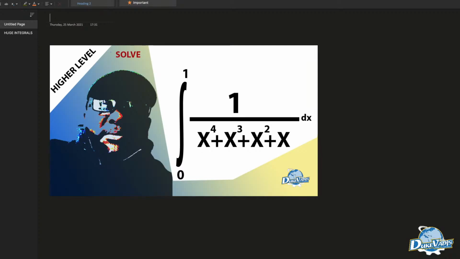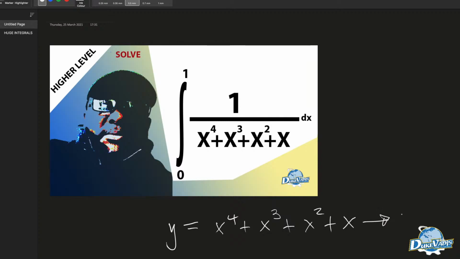If you look at a sketch of such a graph, y equals x to the power 4 plus x to the power 3 plus x to the power 2 plus x, it is more polynomial kind of. So we can integrate it by using some kind of factorization.